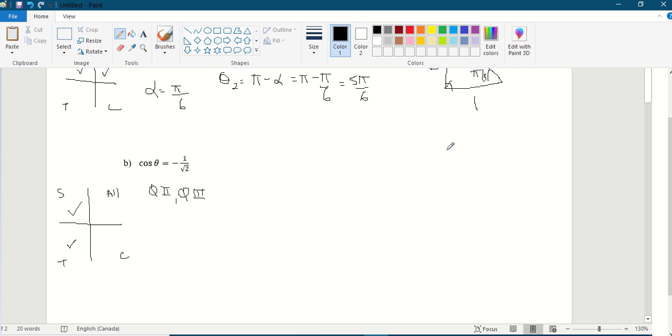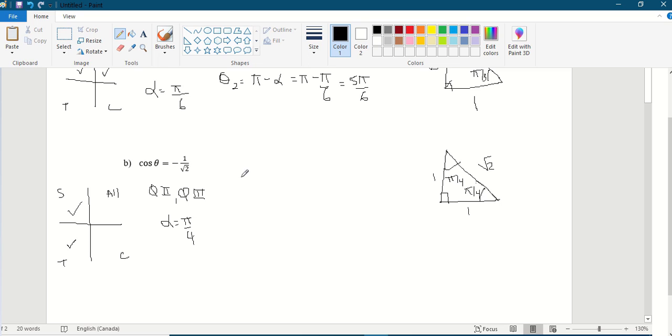Now to find alpha, again we will draw a special triangle here. We have 1 over root 2, which is the easy one: the triangle with pi over 4 and pi over 4, and side lengths 1, 1 and root 2. So either way, the reference angle for 1 over root 2 here will be pi over 4.